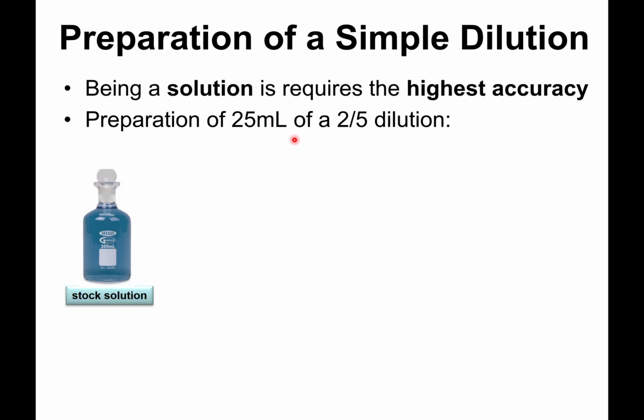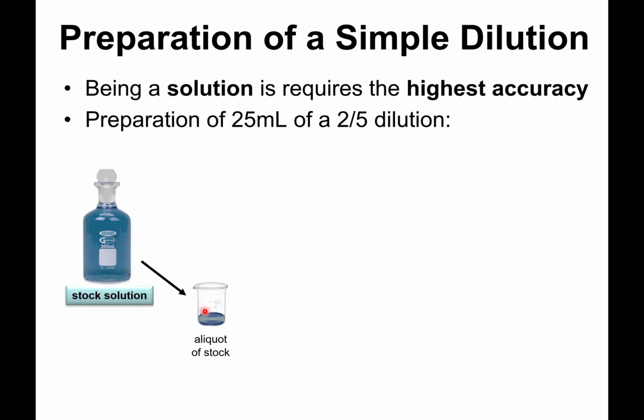So you wouldn't take the 10 milliliters that we calculated in the previous slide directly from the stock solution. First, you would pour into a tiny beaker a little aliquot of stock solution. This is roughly a little bit more than what you need, so in our case, a little bit more than 10 milliliters.